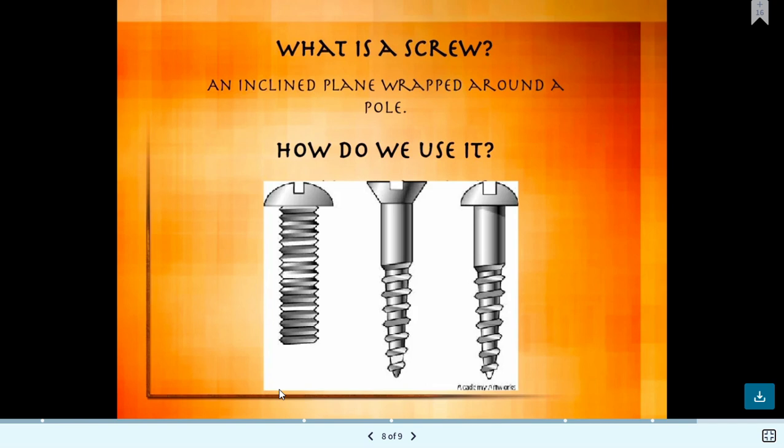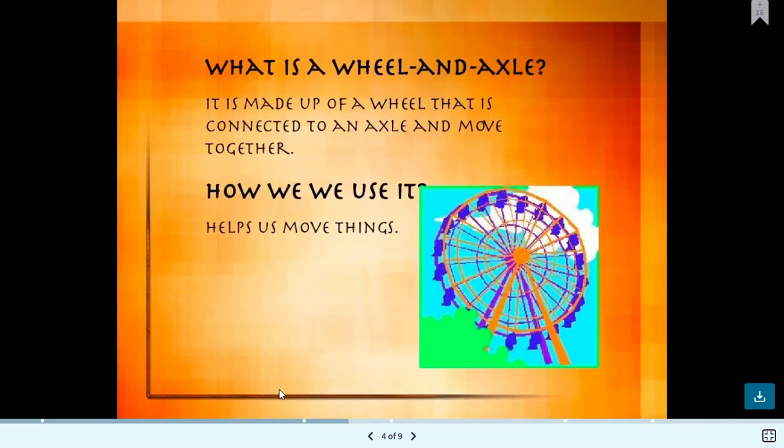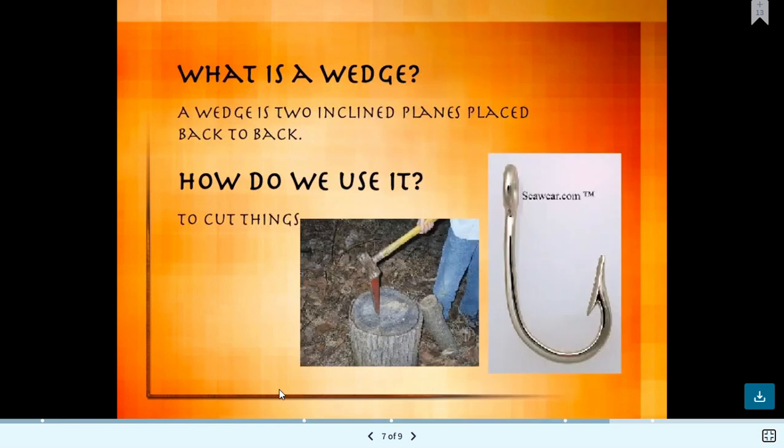Now we are going to learn about a wedge. Look at this: an axe which is used for cutting wood. For cutting wood, should we take a blunt tool or a sharp tool? Of course, we need a sharp tool because the wood is hard. To cut it, we need a sharp tool only.